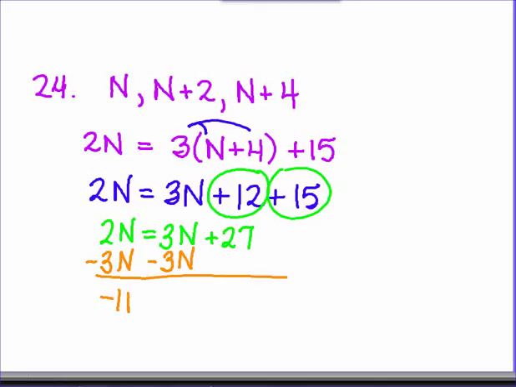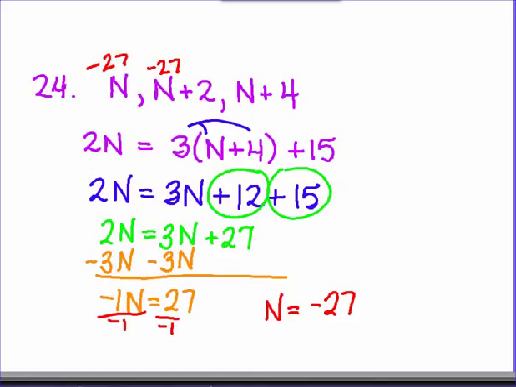So you end up getting negative 1n equals 27. But remember, I don't want to know negative 1n, I want to know what n is. So I'm going to go ahead and divide by negative 1. So what does n equal? Negative 27. Now let's see what the problem asks us. The problem asks us, what are the integers? So by writing these down at the start, all I'm going to do is this.